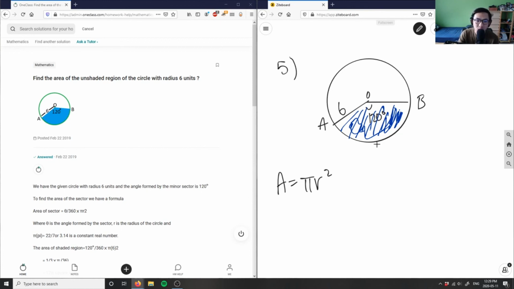So I have 120 degrees here, and in a circle I have 360 degrees, right? And currently I only have 120 degrees, right? So I can safely say that this here is 1/3 of my circle, right?